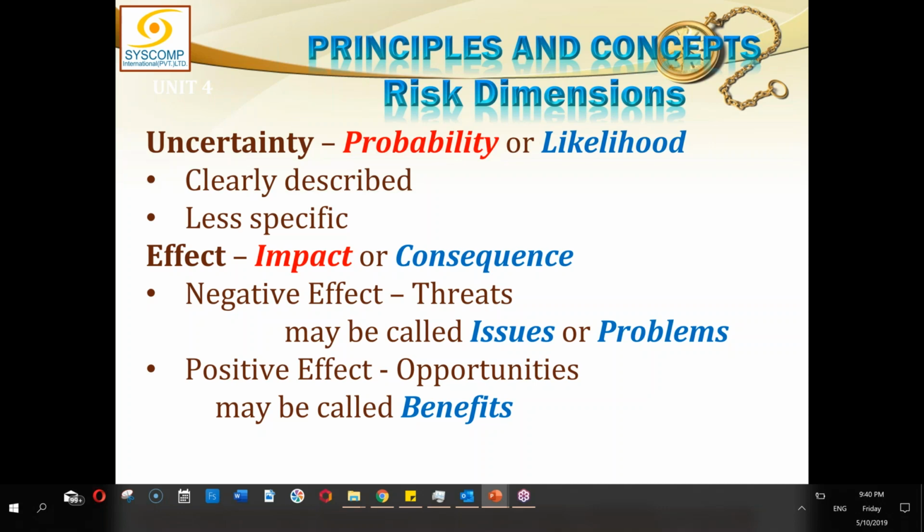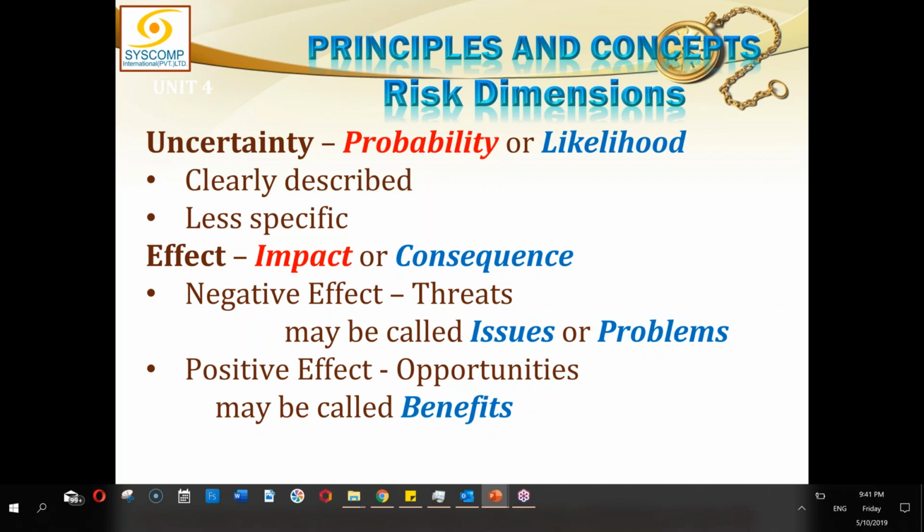That is the uncertainty which we are not sure about, and therefore we try our level best to make it as clear as possible. But there is another thing in addition to the uncertainty, and that is the effect of this risk happening. What if this risk happens? It will impact our working. It will leave an impact on our project objectives like scope, time, and cost.